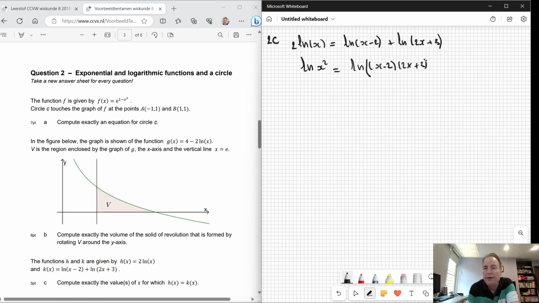And then be sure, yeah, okay, this is correct. Now we can use that if this is true, this is actually equivalent with, this is also something that's in the syllabus, equivalent with x squared equals x minus 2.